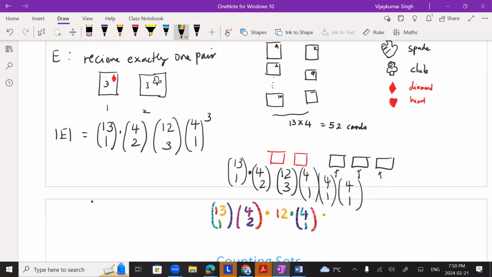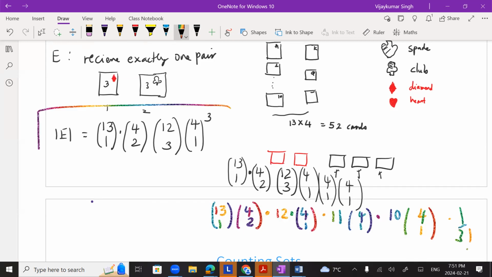Then for the second one, I have 11, and then 4 choose 1. Then for the next one, I have 10 and 4 choose 1. But when you do 12 times 11 times 10, you have ordering in mind. So to remove that ordering, you divide by factorial 3. Okay. So that's why instead of doing this, I prefer doing it the first way.